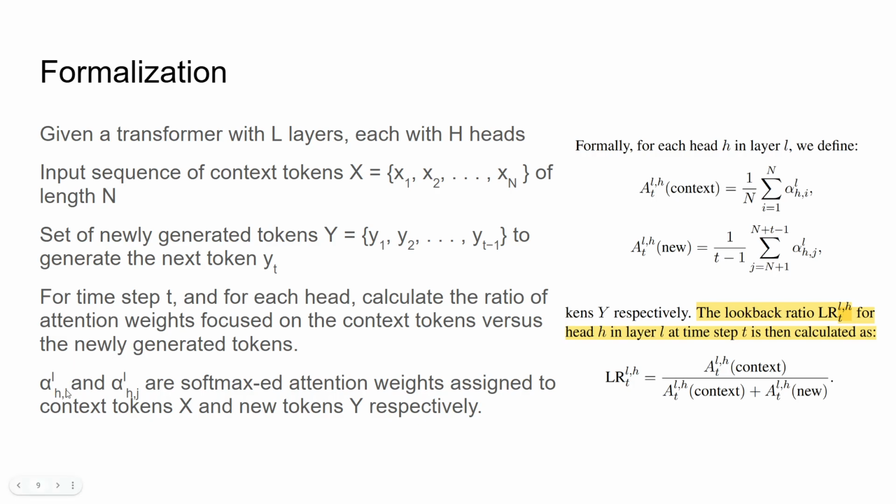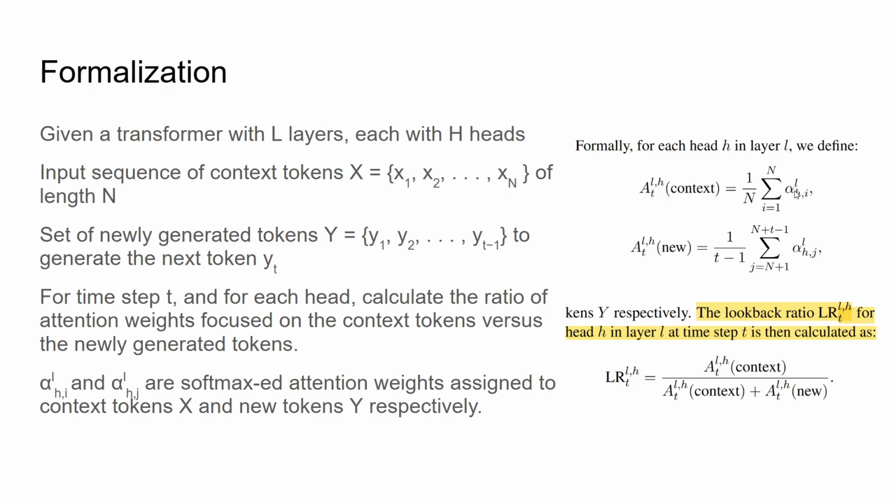So alpha H,i,L: this notation basically says you take the Lth layer, H attention head, and then the ith token, and alpha L,H,j is basically the softmax attention weight assigned to the jth token, so the jth token in Y.